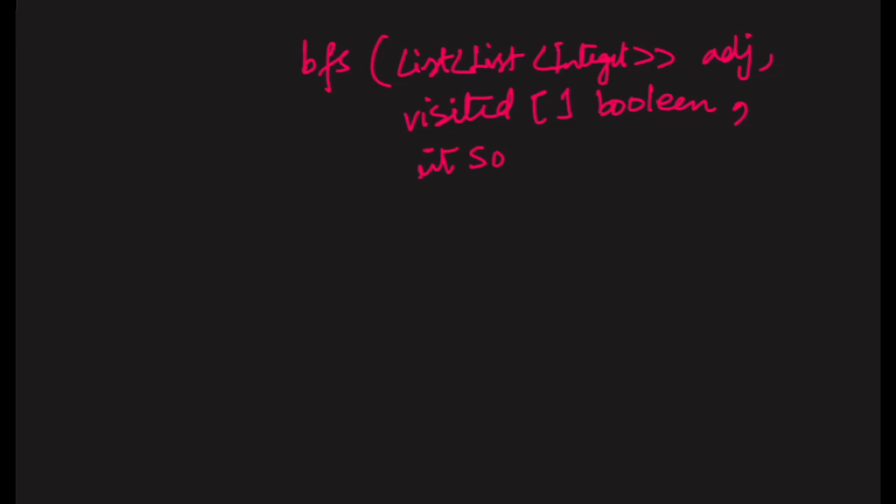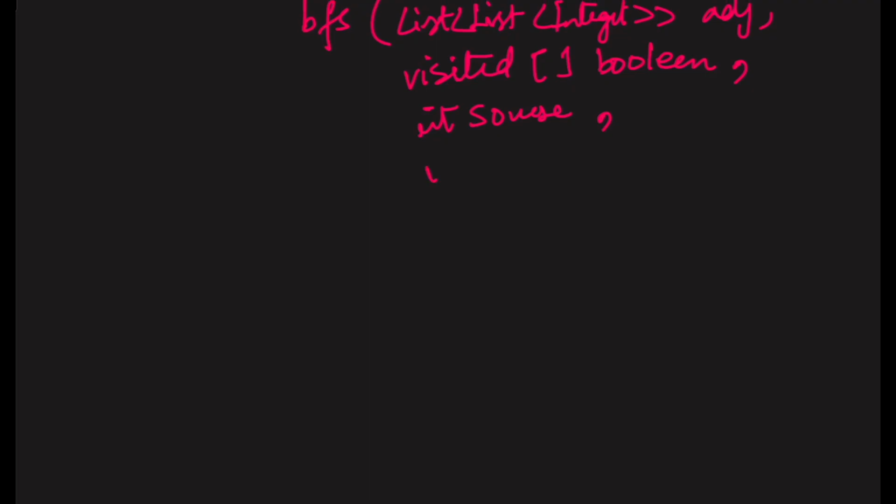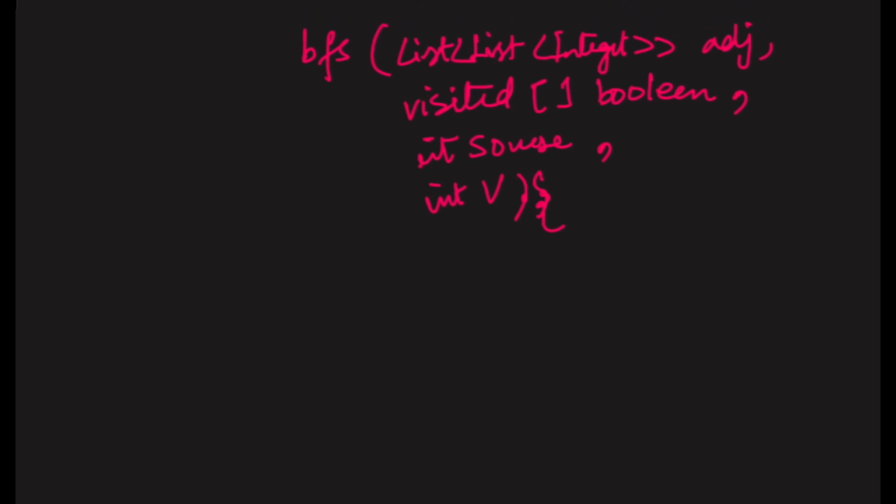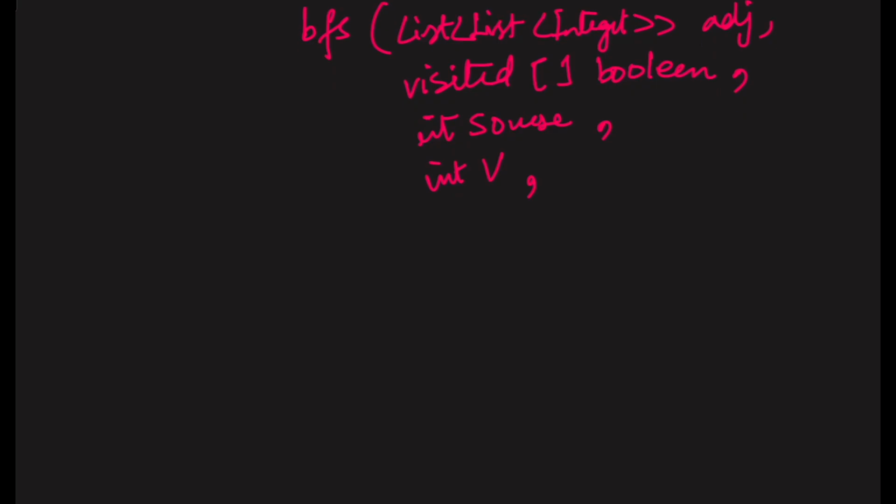Now int source, which will be the starting node, and the number of indices if it will be required. One more thing I am missing is the result array, where we are going to put our nodes. Let's name it as result. It should be a void.